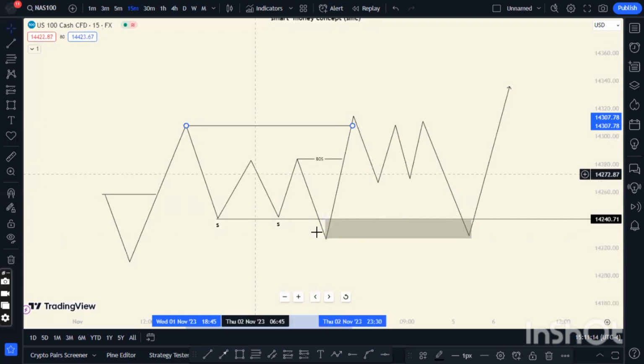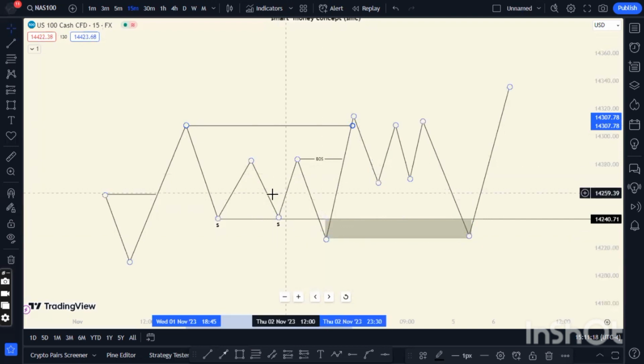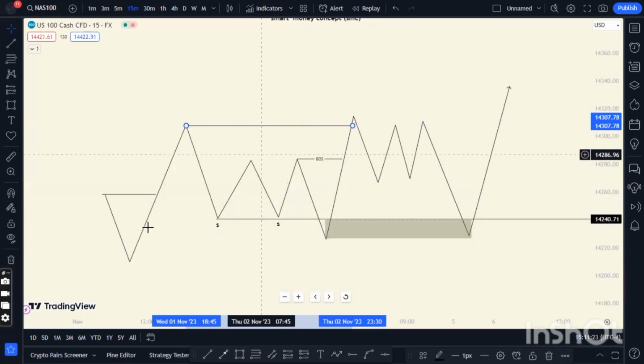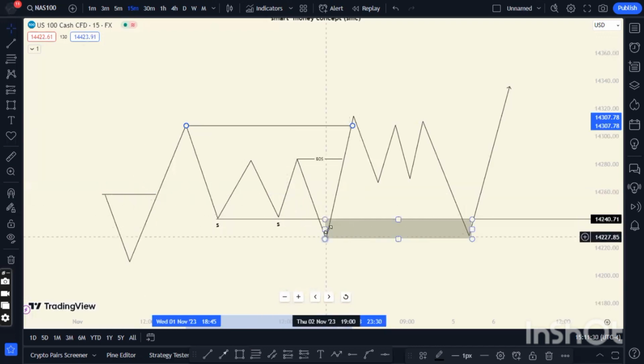Now I'm going to talk about sweep of liquidity, but that would come later. I don't want to confuse you guys with those ones. But for you to know that your demand zone is valid, the price that moved out of that point must break structure, like this one here that I'm indicating.